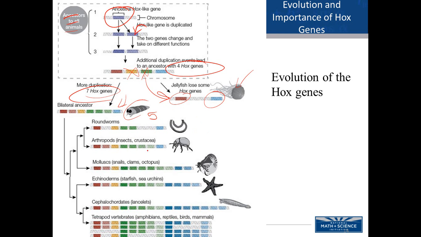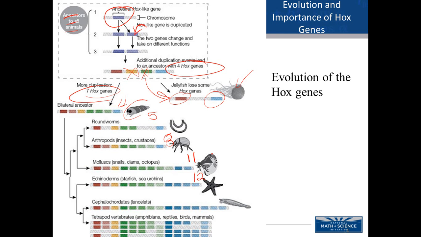Arthropods have actually duplicated 1, and so they have 8. Mollusks actually have 11 Hox genes. Echinoderms actually have 12.